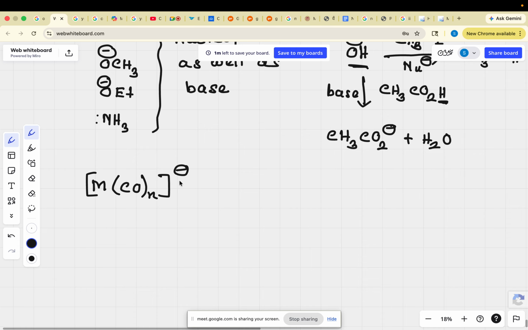This kind of metal carbonylate can also act as a nucleophile as well as a base. Relate it with your organic chemistry, it will be easy to understand. Fine, clear?